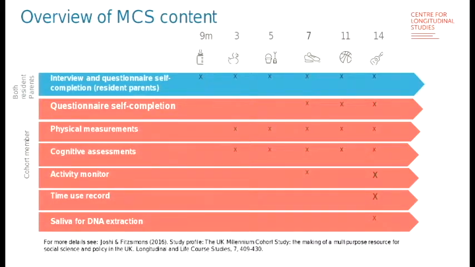The resident parents have completed questionnaires at each sweep, and the cohort have been measured and assessed from age 3. Since they were 7, they've also been taking part in self-completion questionnaires. At age 14, we also asked them to wear an activity monitor, which they also did at age 7, and in addition, keep a time use record. We also collected saliva for DNA extraction, which I'll briefly explain.